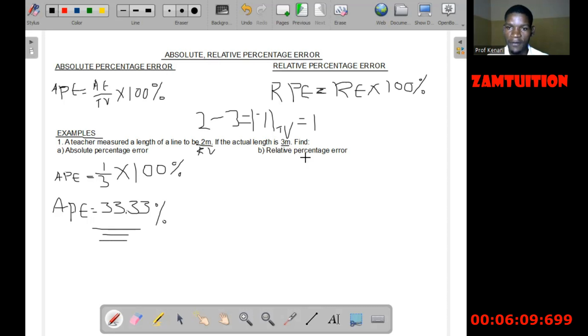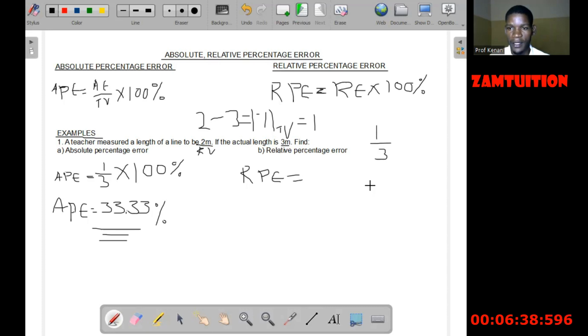We go to the relative percentage error. For the relative percentage error, we use this formula here. So relative percentage error is equal to the relative error. How do we find the relative error? The relative error is found by dividing the absolute error, which is 1, by the true value, which is 3.